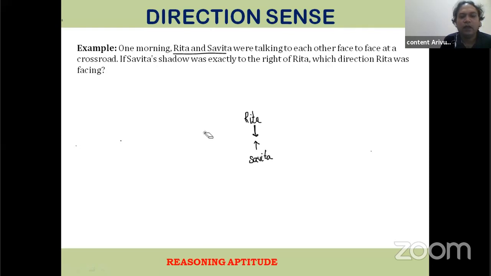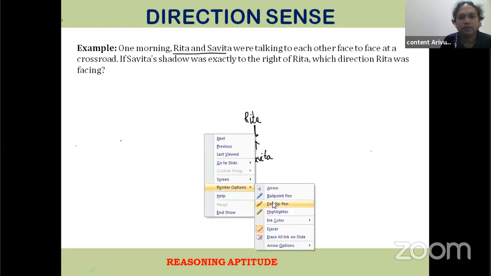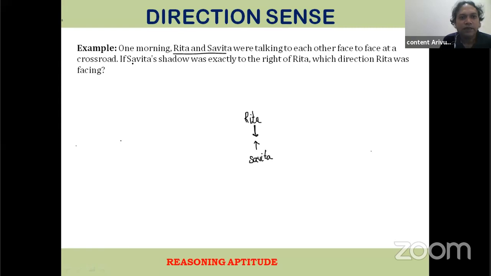Now, Savita's shadow was exactly to the right of Rita. See, if Rita is facing down, that means this is right of Rita and this is left of Rita. Yes or no?